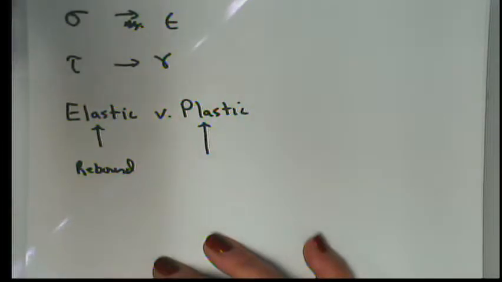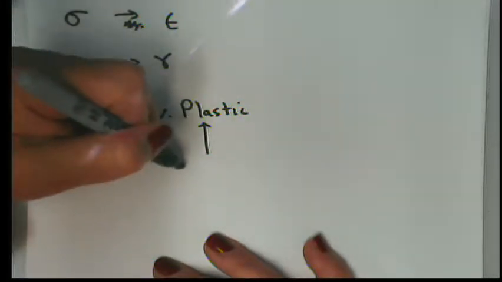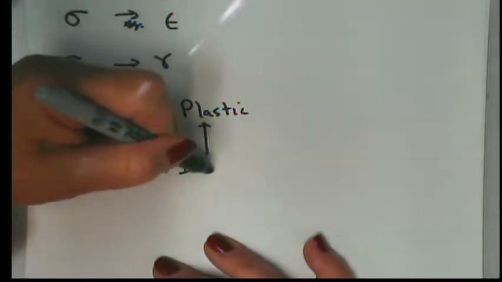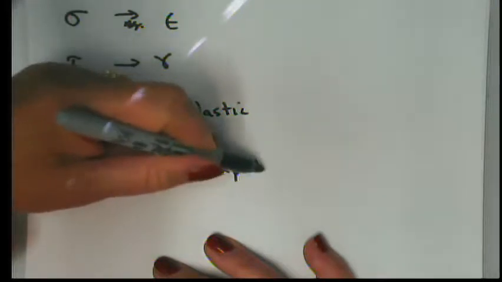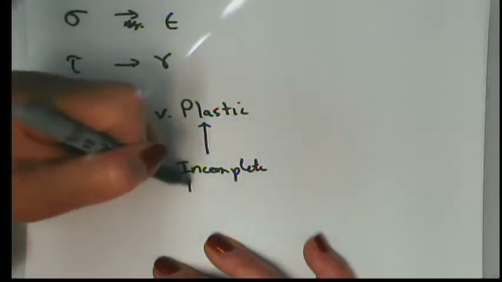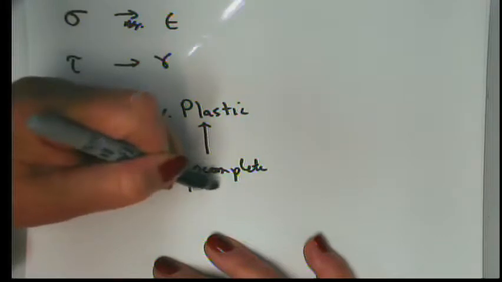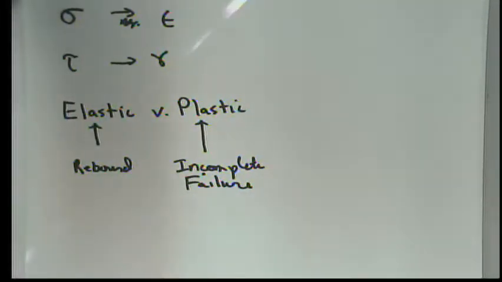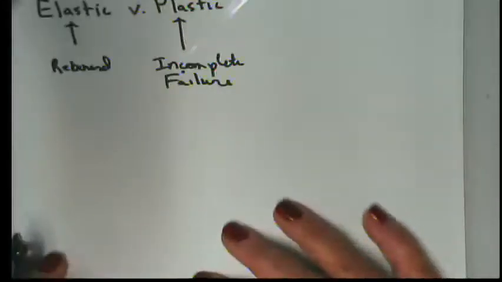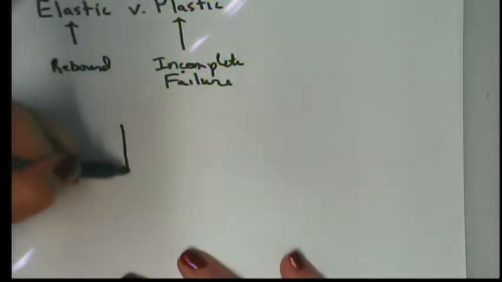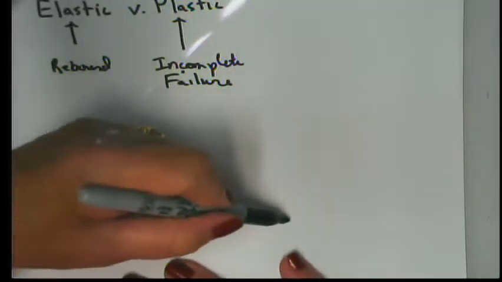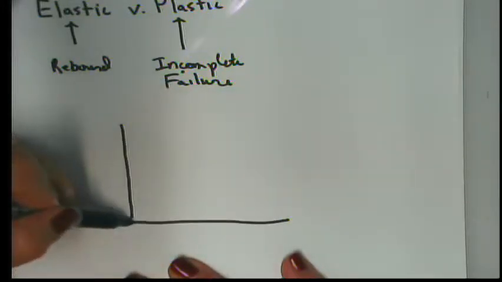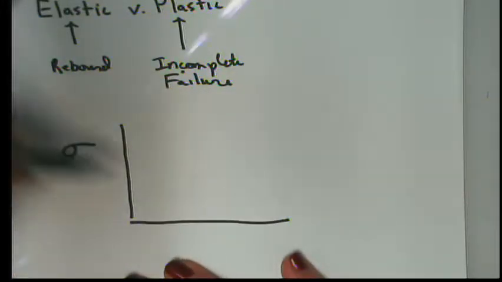Plastic is where the rebound is incomplete, or it can even be a failure of some sort, whether it's a rupture or a change in the physical properties of the material.